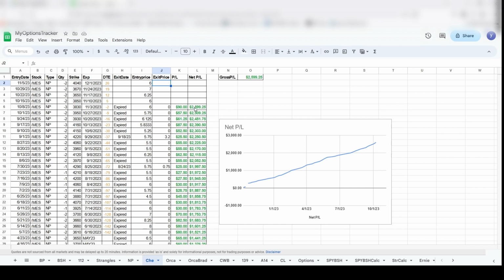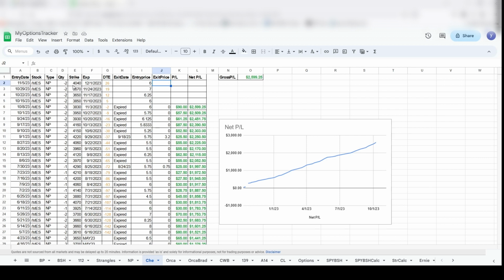Eventually, when your account grows, we can increase the number of contracts to maybe three, then we can make more money. So that's why you want to grow your account, so you have enough money to be able to trade more.